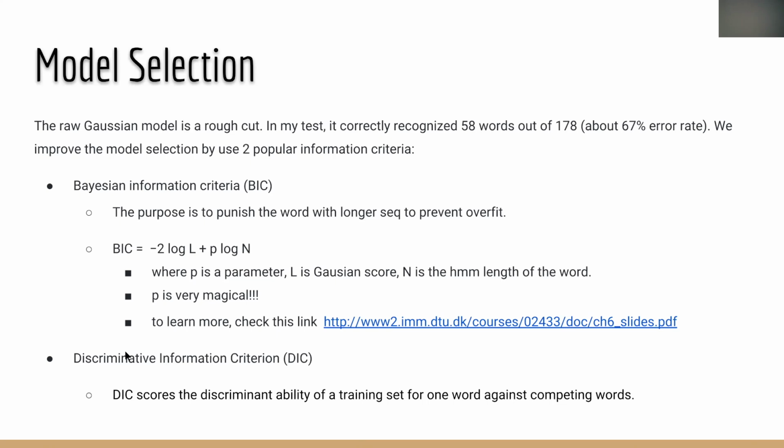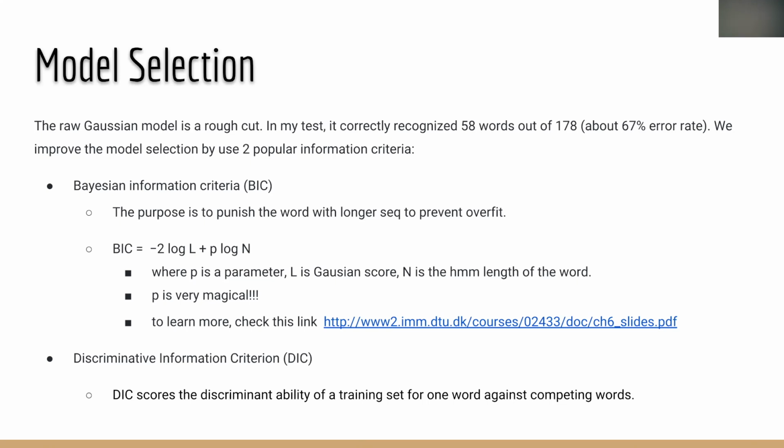The discriminative information criteria is much more straightforward. I get to the model, and remember we have a different number of states, right? I try to score the word I'm using, but I also try all the rest of the words and get their scores. In my case, for all the rest, I took the average of the scores.